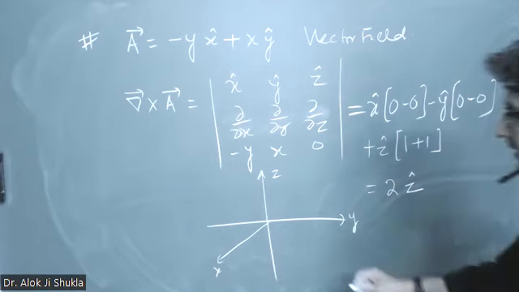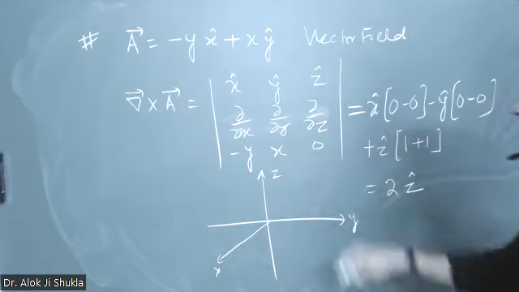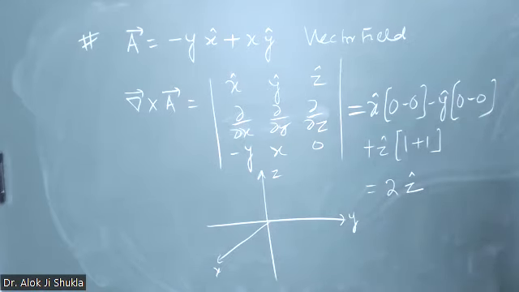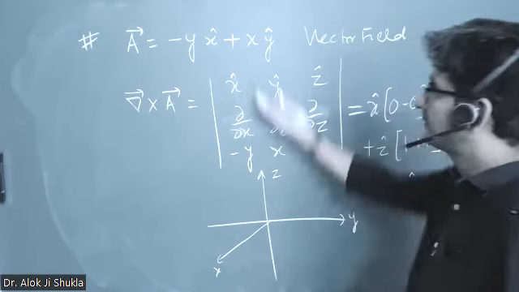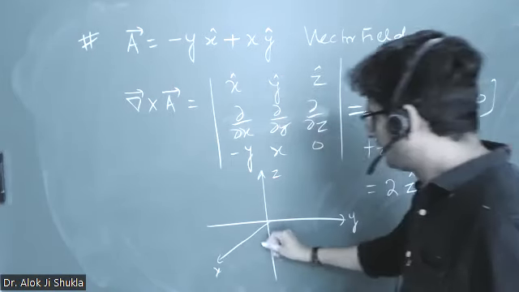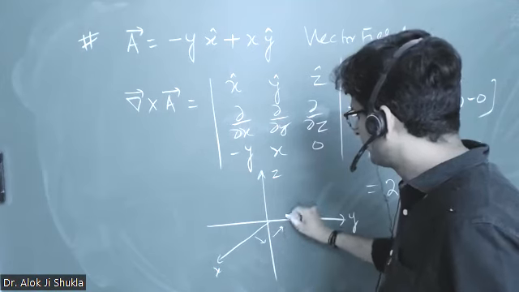If you draw these vectors, minus y x cap plus x y cap, you will find that for different values they will be on the XY plane. They will be like this, going like this.